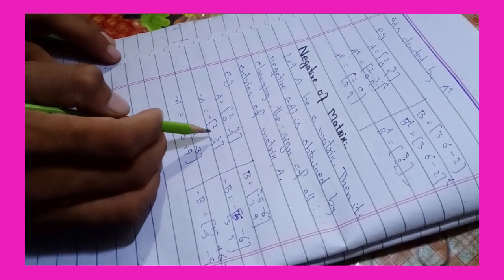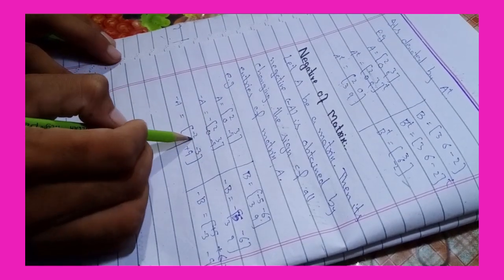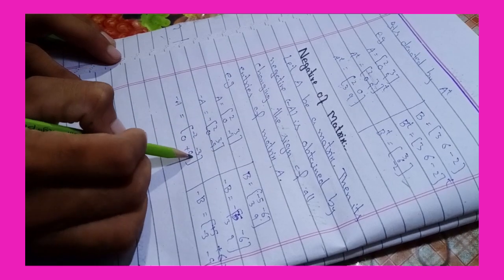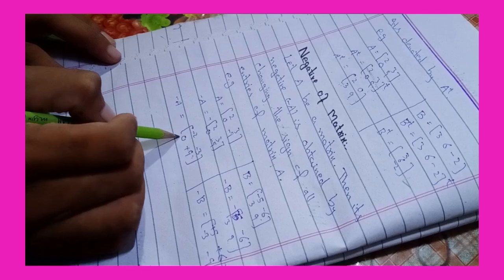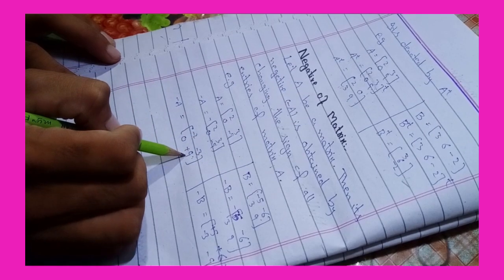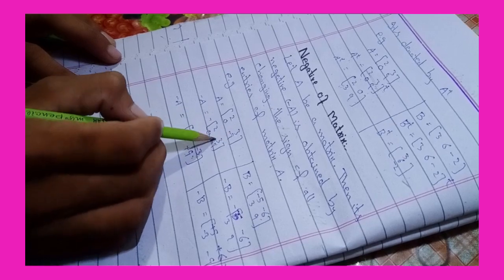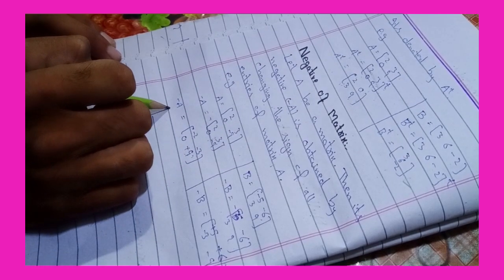Apply the negative sign: positive 2 becomes negative 2, positive 3 becomes negative 3, 0 stays 0, negative 9 becomes positive 9. This means changing the sign of all entries to find the negative matrix.